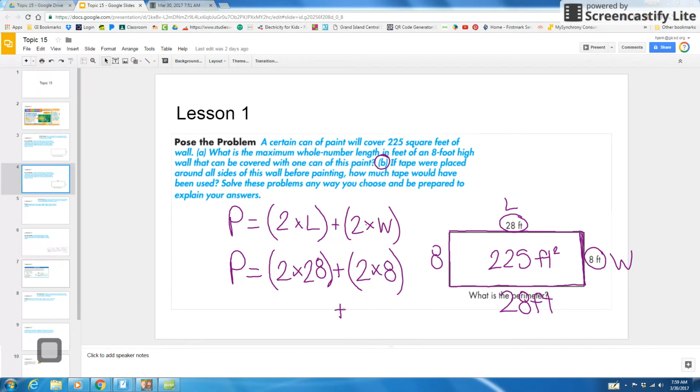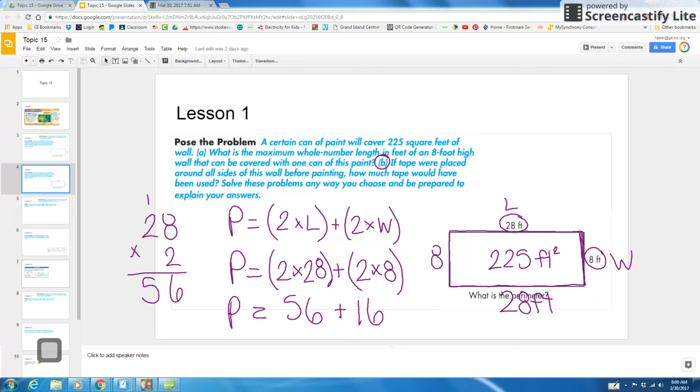I'm going to start with the 2 times 8 because I know that that is 16. When you have something like 28 times 2, I still to this day don't want you doing that in your head. I would like you to come off to the side and do that work. So 2 times 8 is 16. 2 times 2 is 4, plus 1 is 5. So we get 56. Okay. We're still working with perimeter.